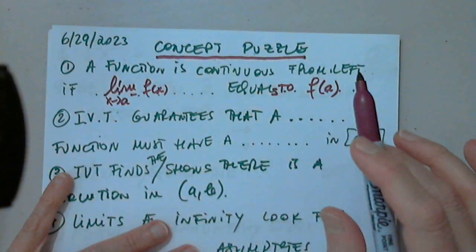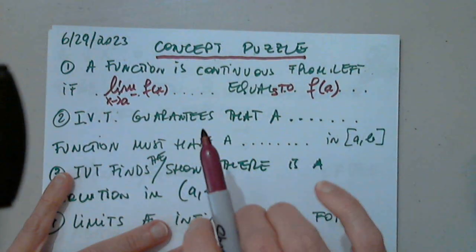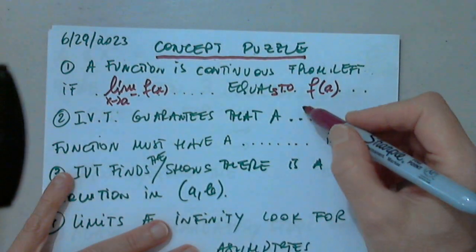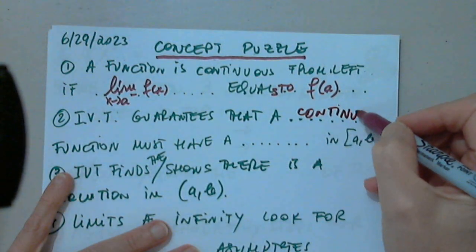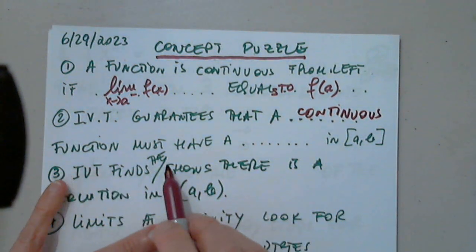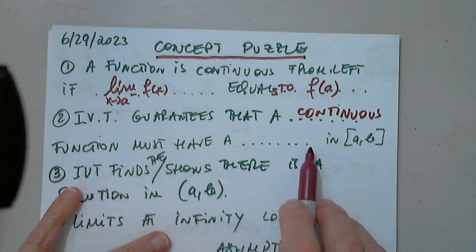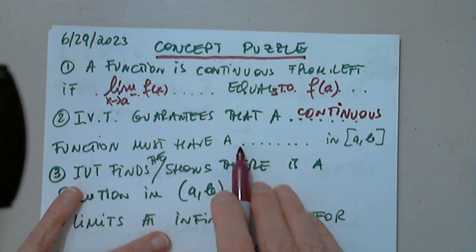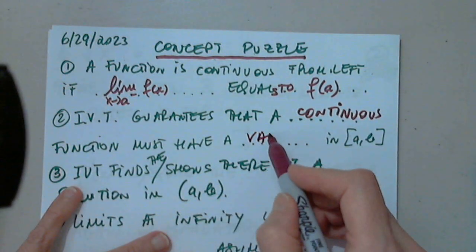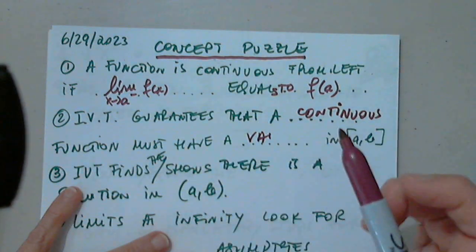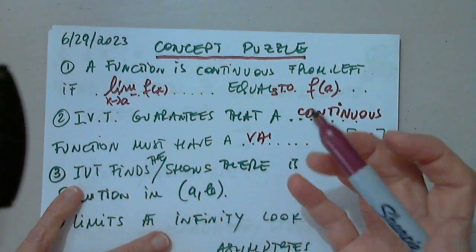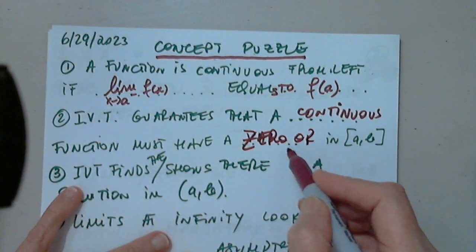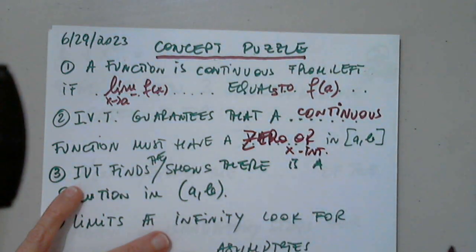Is it like an interval of a function? No. A continuous function must have a point in AB. A continuous function must have a value, yes. That's what I meant. I said point, but I meant value. It must have a zero or an x-intercept. Good, awesome, thank you.